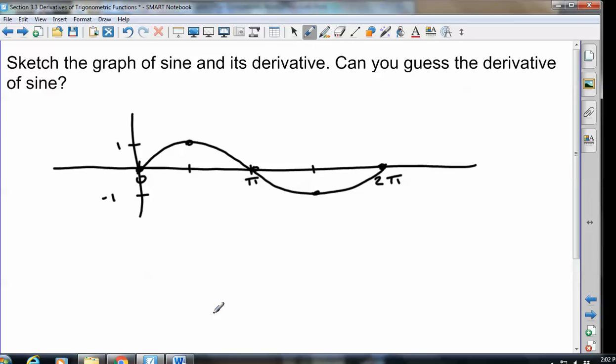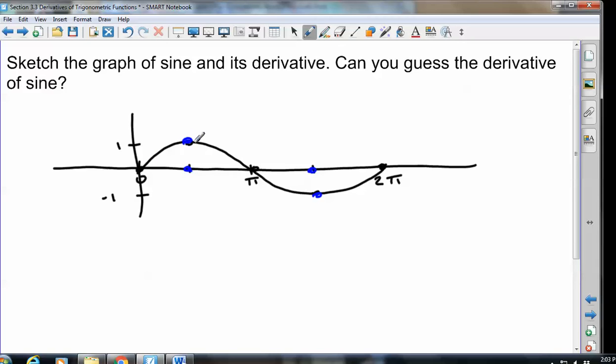Now, I want to figure out the derivative from this. So keep in mind, anywhere your function has a maximum or minimum, what's the derivative? 0. So my derivative would be 0 here and here.